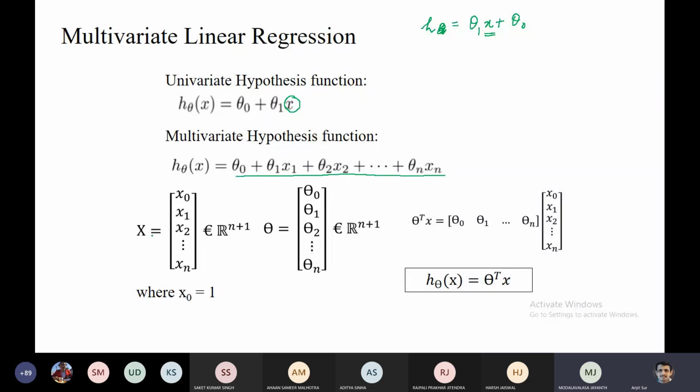Now here x is a vector because it's multivariate, x0, x1 up to xn, so n plus 1 elements, and theta is also theta 0, theta 1 up to theta n, n plus 1 elements. So h theta of x is nothing but theta transpose x, where theta and x are both vectors. This is the multivariate case.